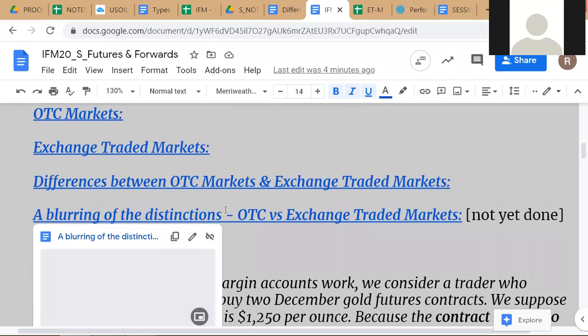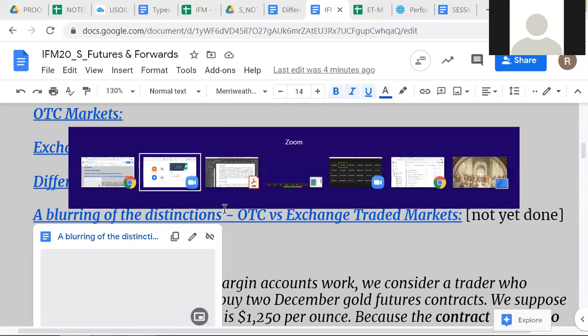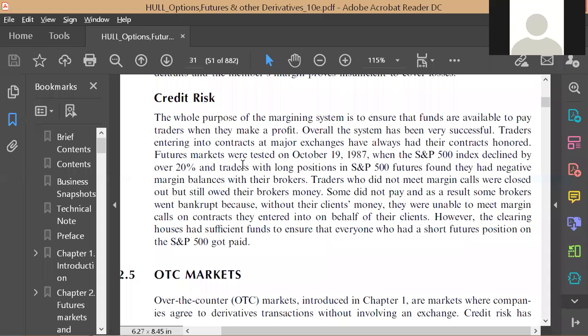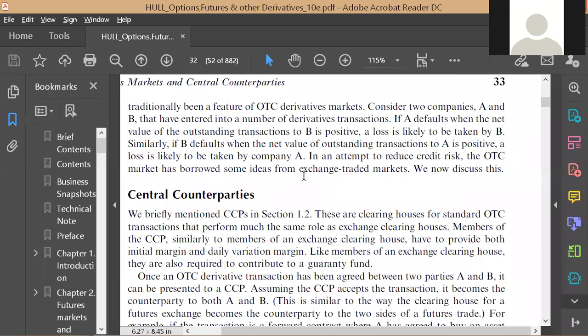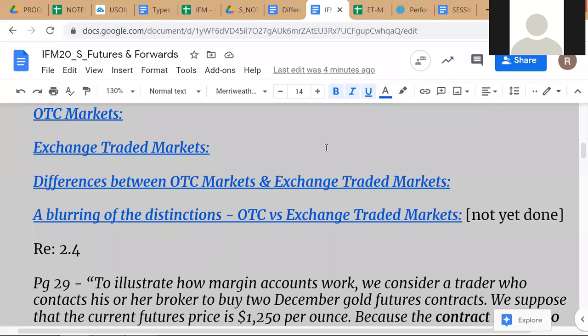That will help us to understand what he's talking about here when he's talking about OTC markets, okay, that usually they used to deal bilaterally. Now, this central counterparty discussion actually should not have been brought in without explaining how things are merging now. So let's look at this particular note that you have, which is a blurring of the distinctions.